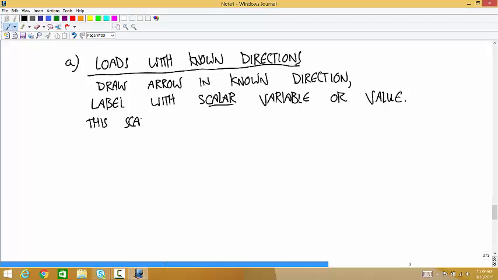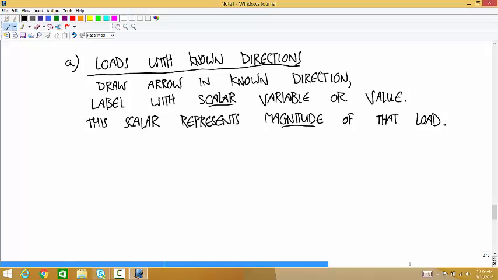This scalar represents the magnitude of that load vector.